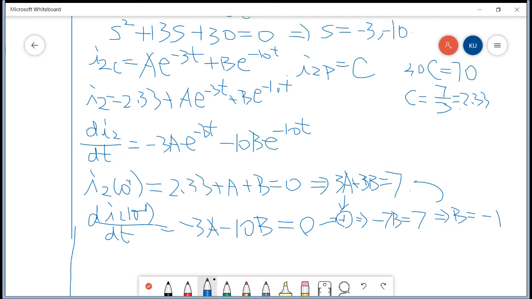And then we substitute it here, so we have a to be minus 1.33.